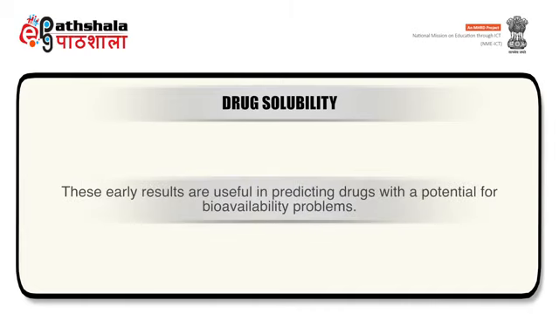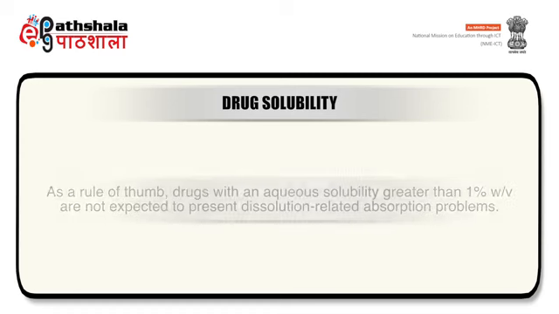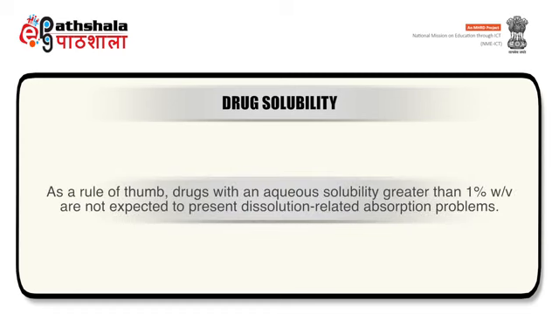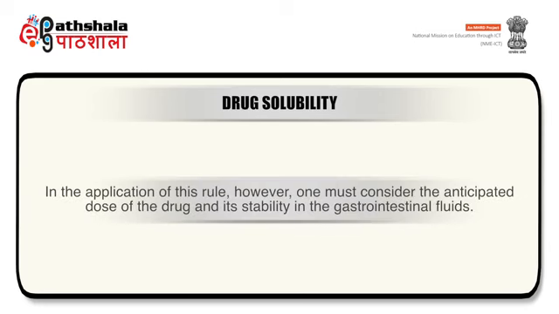These early results are useful in predicting drugs with a potential for bioavailability problems. As a rule of thumb, drugs with an aqueous solubility greater than 1% weight by volume are not expected to present dissolution-related absorption problems. In the application of this rule, however, one must consider the anticipated dose of the drug and its stability in the gastrointestinal fluids.